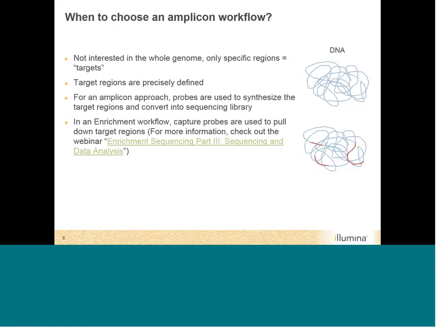For enrichment, this is also something where we're looking at specific targets. However, we are using capture probes to pull down the target regions. And that requires also different considerations when it comes to the analysis. So again, we have a recorded webinar entirely dedicated to this, and I'm providing a link for you here on the slide.